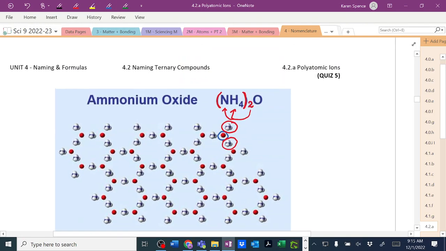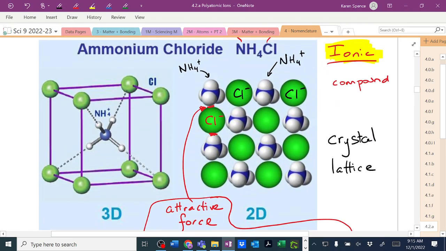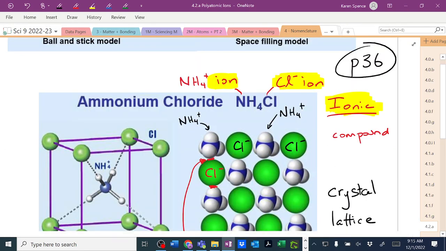If we go back to the previous page, do you see brackets here? No, there's no brackets. If we have only one of a polyatomic ion, there's no brackets. That's supposed to be an arrow.